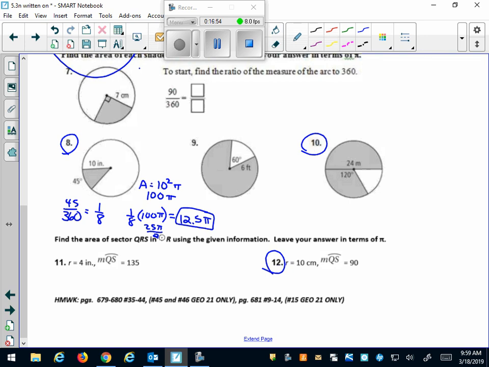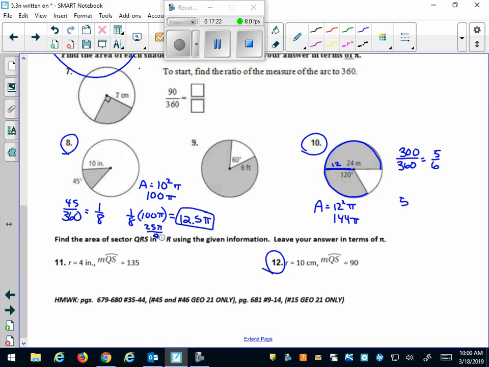Number 10, be careful because the shaded region is this entire piece. And so it's 120 plus the 180, so it's actually 300 degrees out of 360 degrees, which is 5/6. Now, the area is radius is 12, so 12 squared pi, or 144.